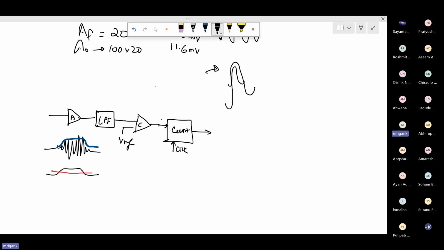Because as long as it is remaining high, this will be like an enable signal. So the enable signal is given by the comparator. The moment it's enabled, the counter starts counting up to a certain maximum value. As long as the count is continuously increasing, we say that this is a seizure region or the seizure period.